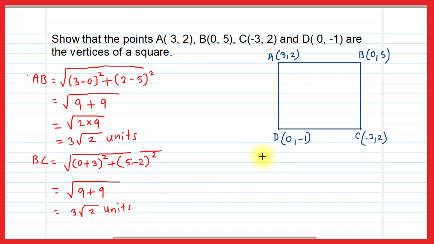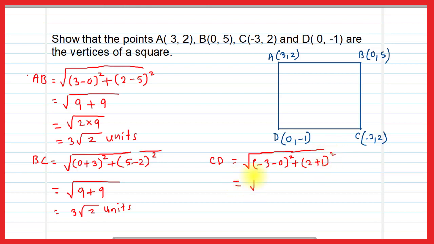Then next we will find the CD distance. So CD is equal to square root of (x2 minus x1) bracket square, that is minus 3 minus 0 bracket square, plus (y2 minus y1), that is 2 minus minus 1, that is 2 plus 1 bracket square.